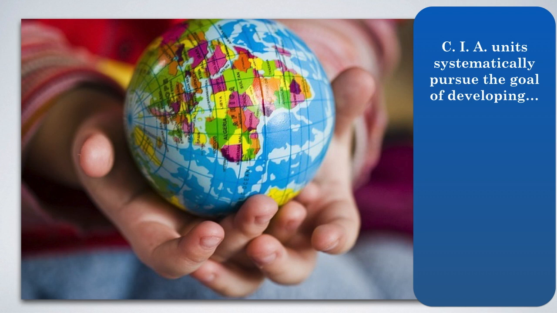The CIA units also systematically pursue the goal of developing language knowledge and domain knowledge. Therefore, we seek to expose students to a variety of genres across our 3rd through 6th grade units.